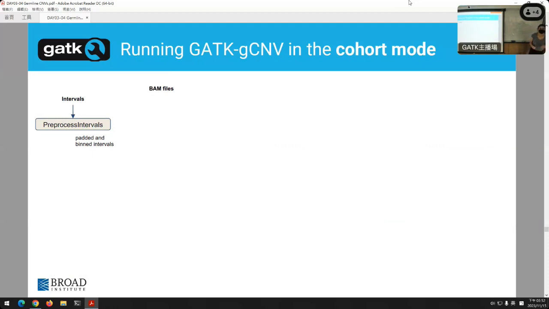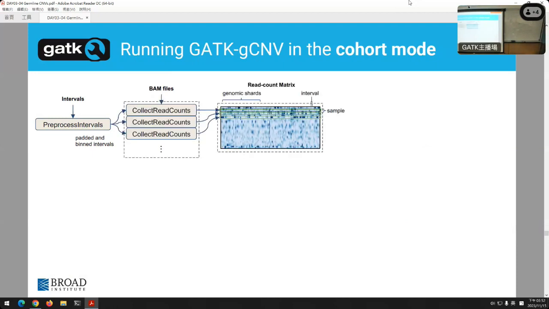So our input intervals could be the entire genome, and we want to pre-process them into bins that are the right size for GCNV to operate on. Then we run collect read counts on each of our BAM files, and that will give us our read count matrix that shows us the read depth at every interval for every sample.